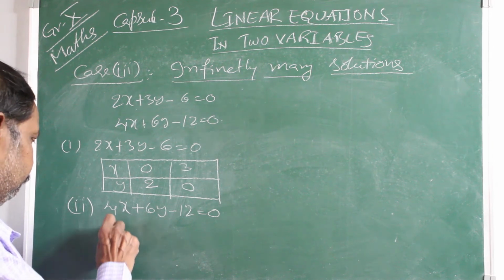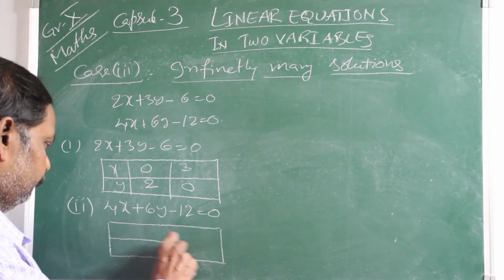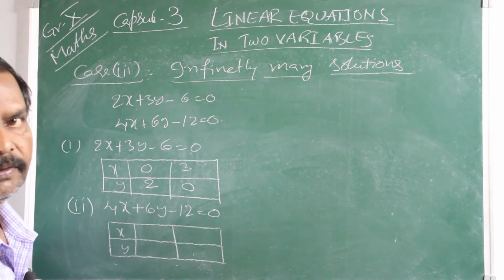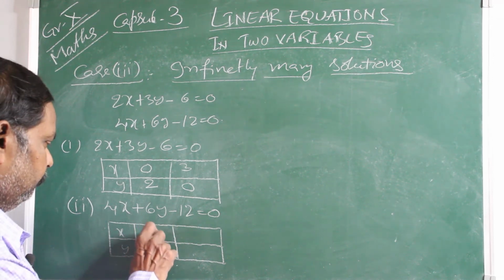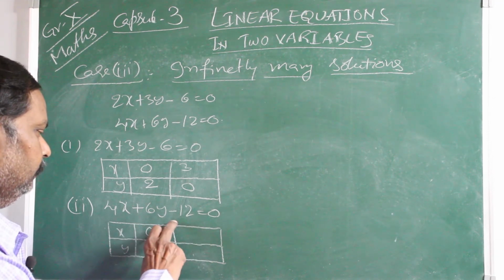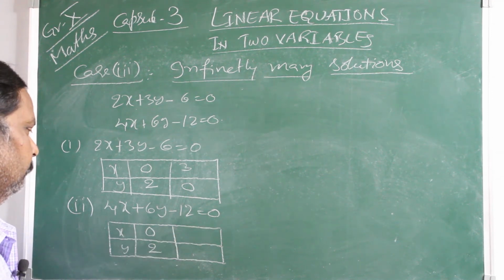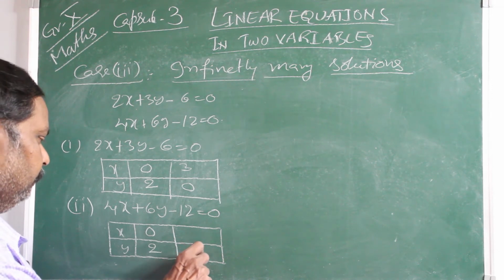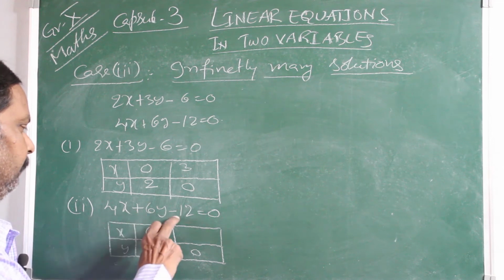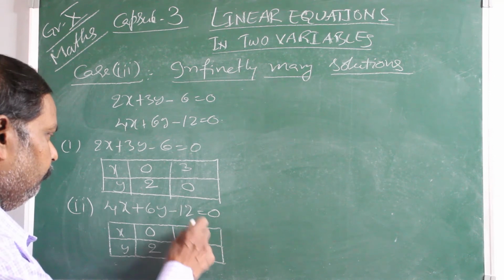Here also a similar type of table. If x is equal to 0, 6y minus 12 is equal to 0, then 6y is equal to 12, then y is 2. At the same time, if y is equal to 0, 4x minus 12 is equal to 0, 4x is equal to 12 and x is equal to 3. We are getting the same points.